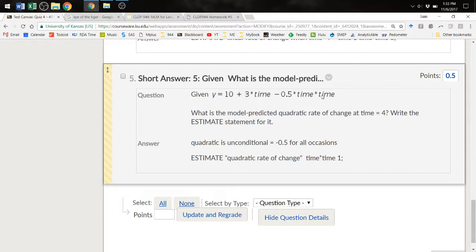It doesn't interact with anything, so -0.5 is the effective quadratic time all the time. So what is the model predicted quadratic rate of change, period? It's that. At time 1, at time 4, at time 3, at time 2, at time whatever. You wouldn't actually need an estimate statement because it shows up by default on the output. But if you were to write one, you would just list that fixed effect, and you need 1 of those.